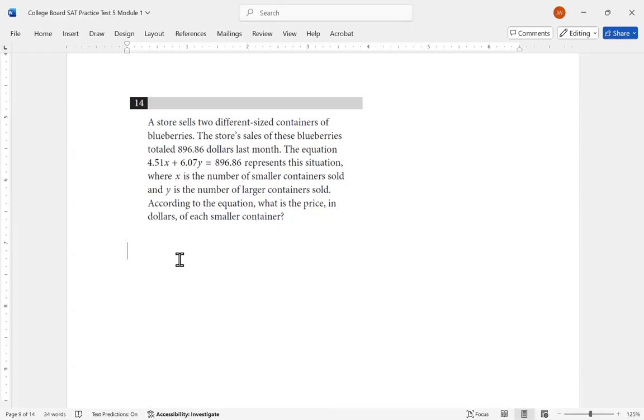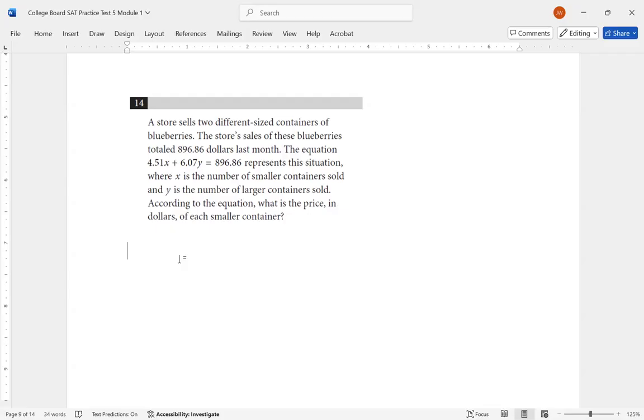The equation 4.51 times x plus 6.07 times y equals 896.86 represents this situation where x is the number of small containers and y is the number of large containers that are sold. And then the question says, according to this equation, what is the price in dollars of each of the smaller containers?